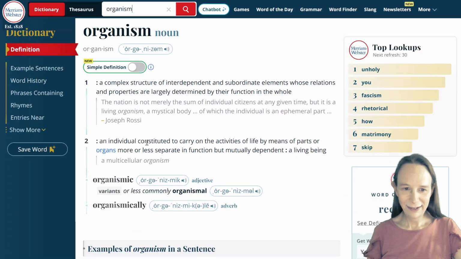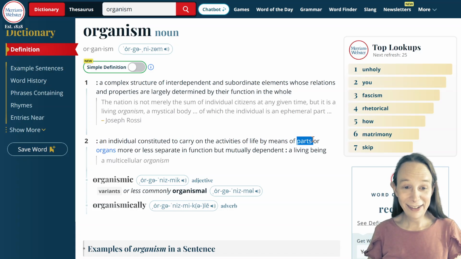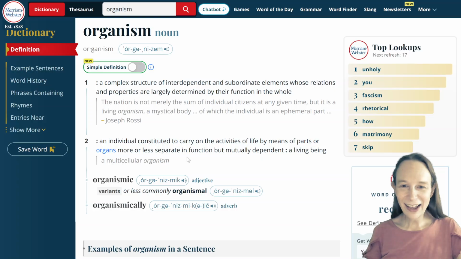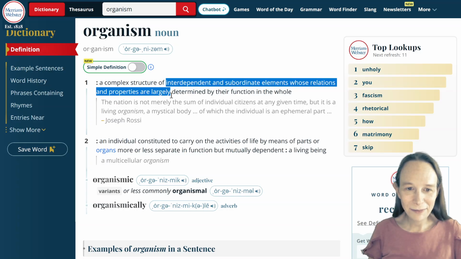Here we go. An individual constituted to carry activities. Yeah, there is another meaning. So your organism, I'm an organism, and inside my organism is more organisms. It's a living organism.